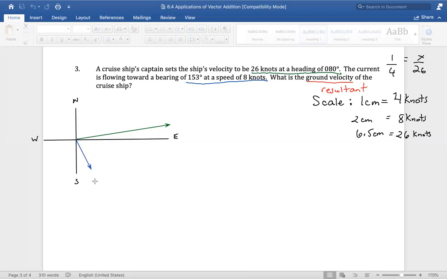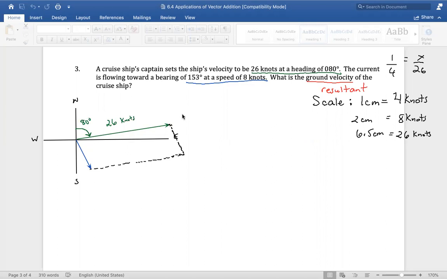So then to finish my parallelogram, and then I'll fill in my information, I'm coming down like this, and I'm coming over like this. And then we have to look at, do I have 90 degrees going on in this diagram? What information do I have? So I know from my green vector that it was 26 knots. I should be writing that in. 26 knots at a heading of 80 degrees. So I can just say here that from north to here is 80 degrees.